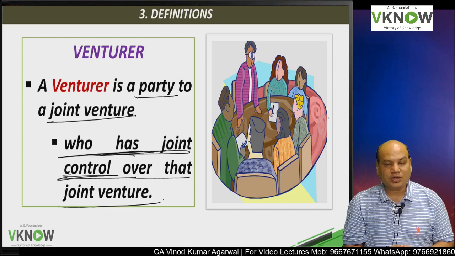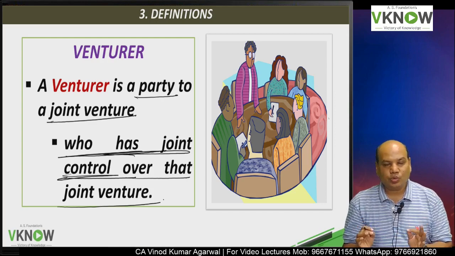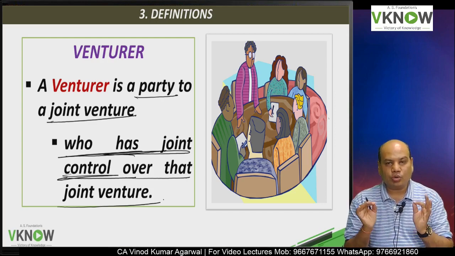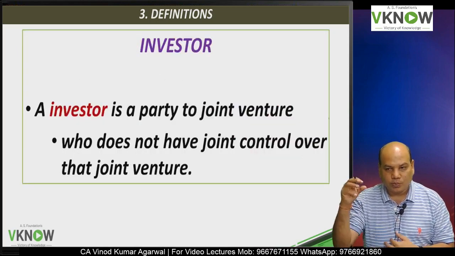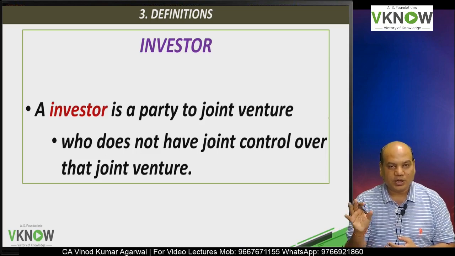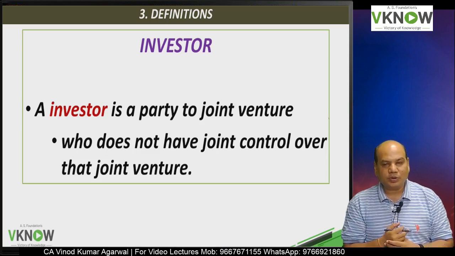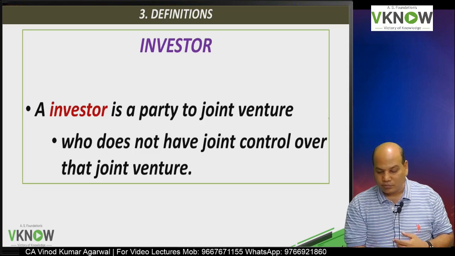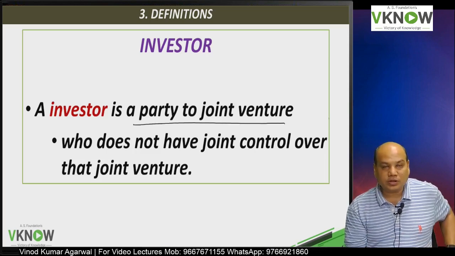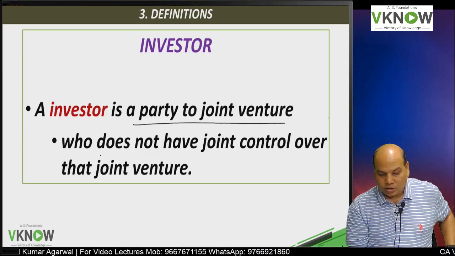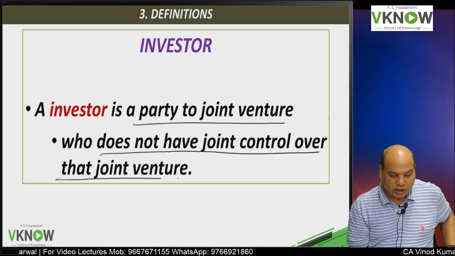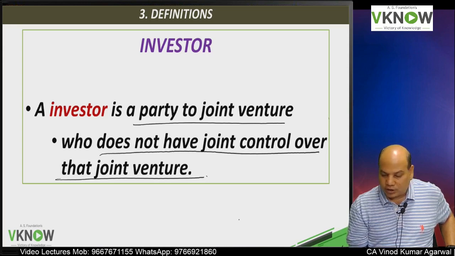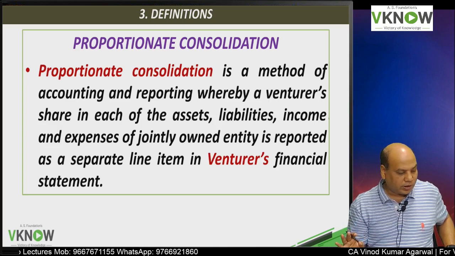So such parties are called venturers, who have joint control over the joint venture. And then there are investors who only put in their money and don't participate in day-to-day operations or the decision making process. So he is also a party to the joint venture, but he does not have joint control over that joint venture. So that is about the investor.